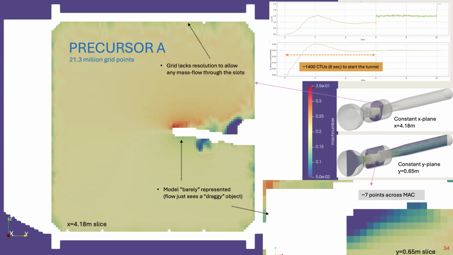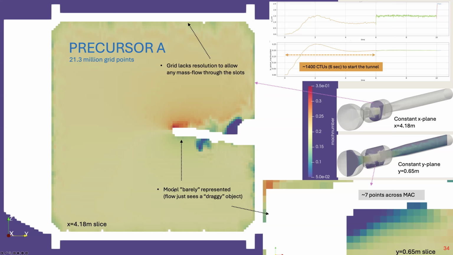And then in precursor A, 21 million grid points, I'm showing two cuts, like X constant cuts and Y constant cuts. And it's kind of showing the flow field, right? The whole idea is to get this orange and then get the target Mach number. So we really don't care about resolving the geometry.